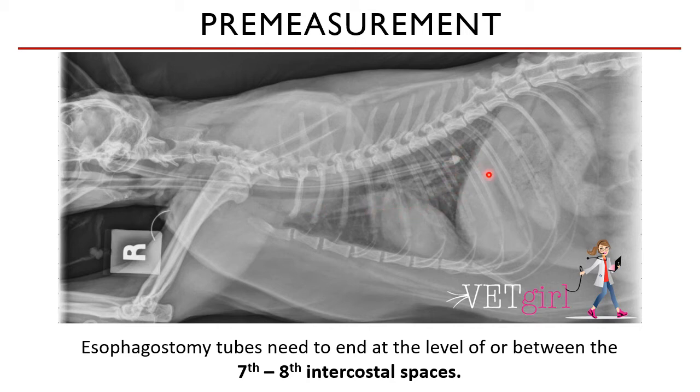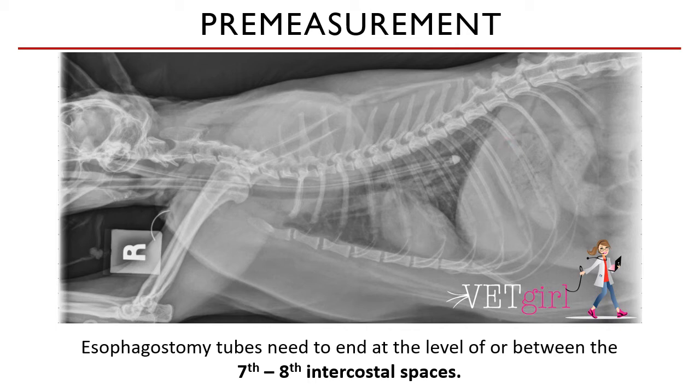So in here, it could end within this intercostal space or even up to the level of the 8th rib. This ensures proper placement of the tube in the mid-esophageal to caudal esophageal region. If you push it too deep and too close to the lower esophageal sphincter, this will elicit vomiting.